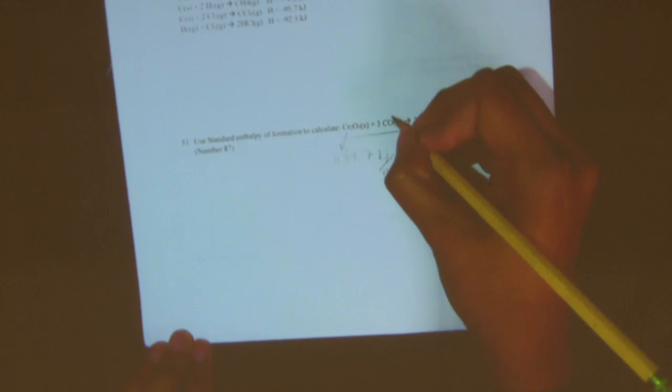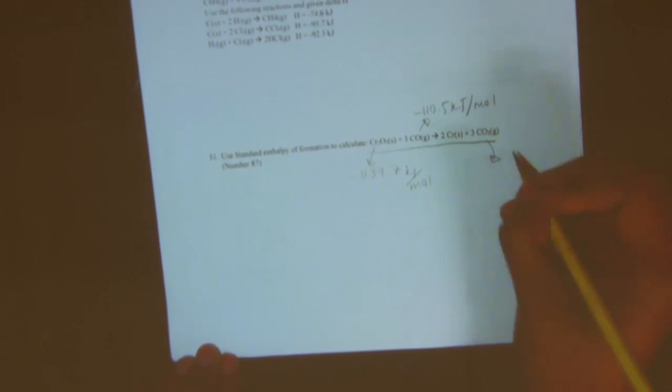What is the one value you are expected to know for sure, without the professor providing it? That would be this value. What would that be? 0, right? Why would it be 0? Exactly, it's in its natural state.